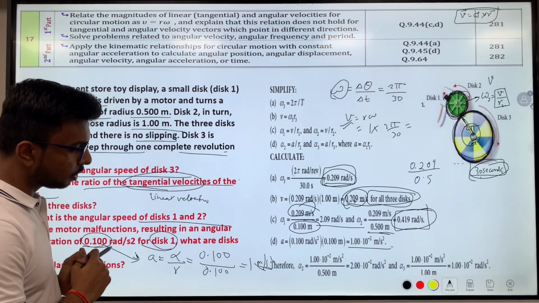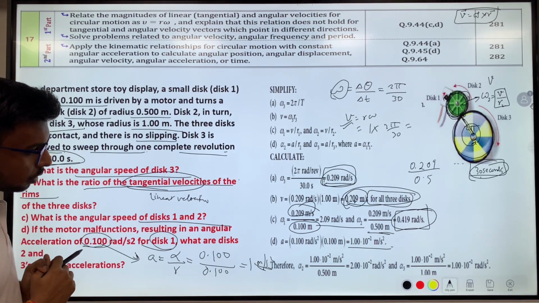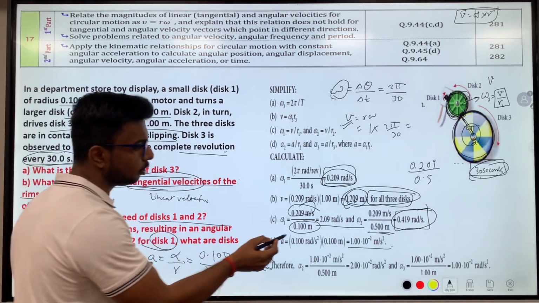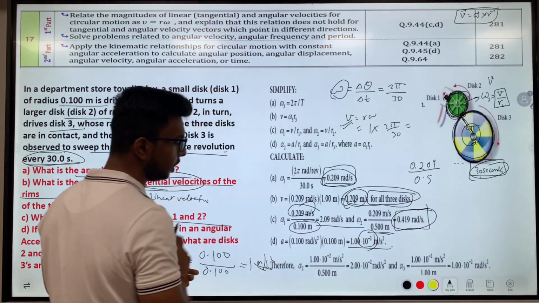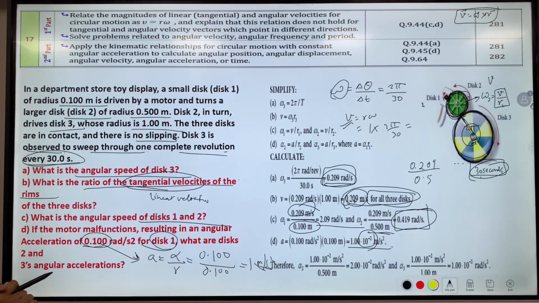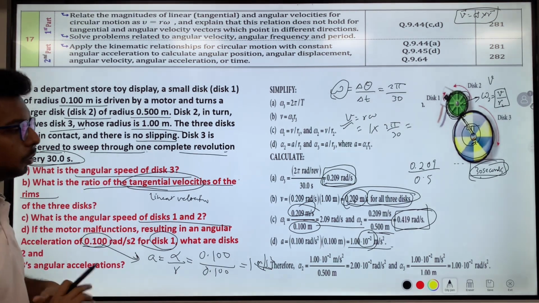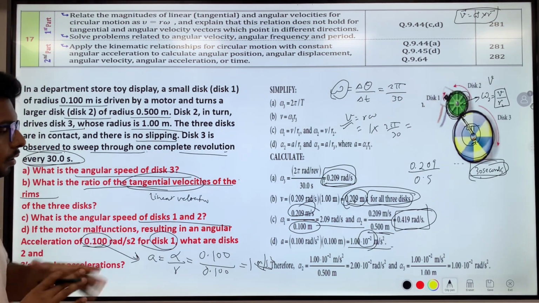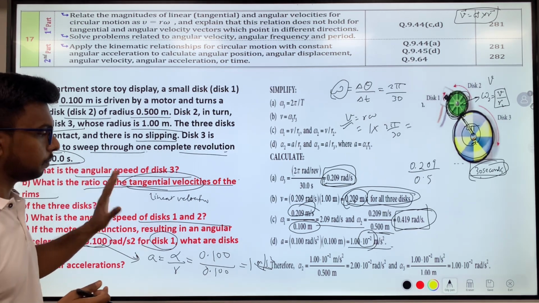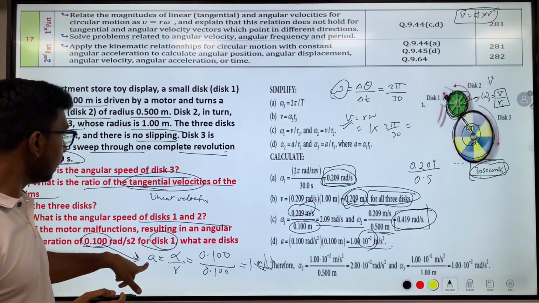This would come out to be as 1. There won't be any 10 to the power minus 2 because there are no centimeters here. Everything is in meters, so you don't have to put the 10 to the power minus 2. I think that's a small mistake. Anyways, that is the a.